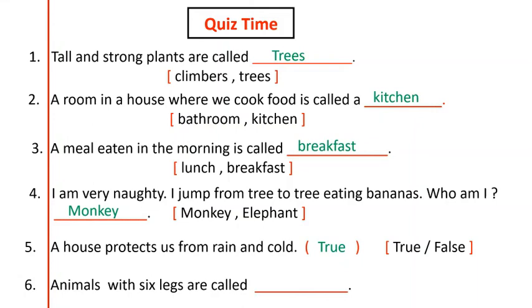Not only from rain and cold, it protects us from many other things, right? Yes, very good. Next question. Animals with 6 legs are called, what do we call them? Think, children. Animals with 6 legs. Yes, very good. It is insects.